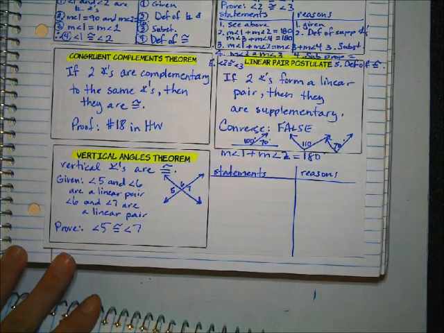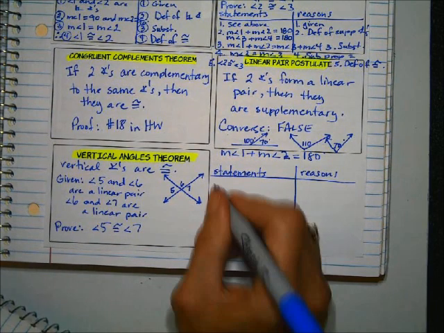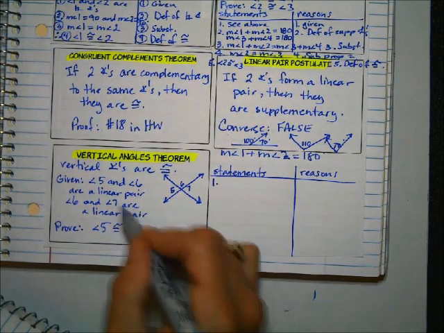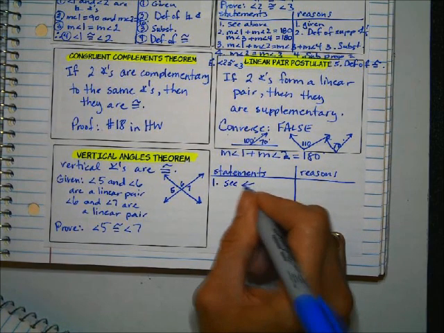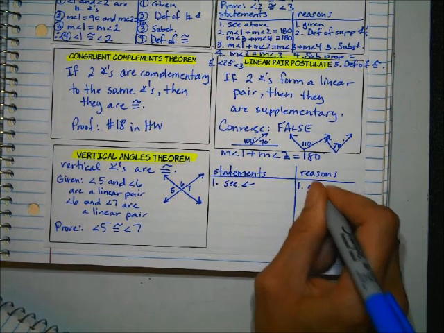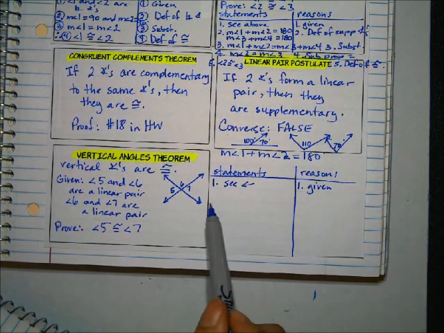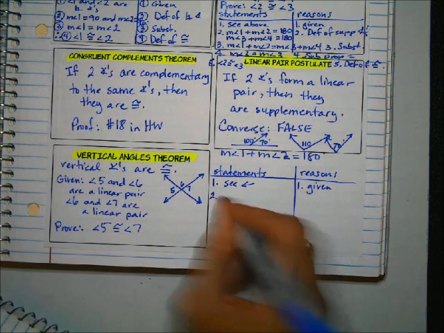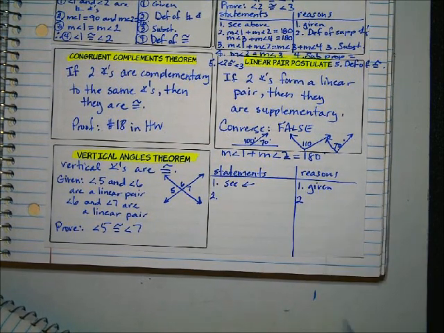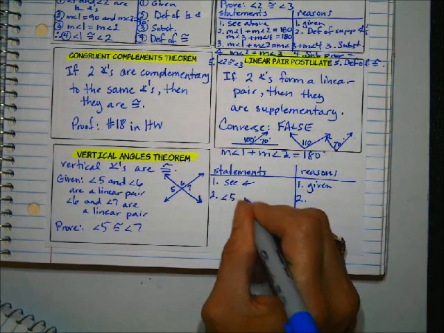All right, so number 1, of course, is given. I'm not going to write all that down again. We'll write given. In other words, angle 5 and angle 6 are a linear pair. Angle 6 and angle 7 are a linear pair. Number 2, if they are a linear pair, then angle 5 and angle 6 are supplementary.